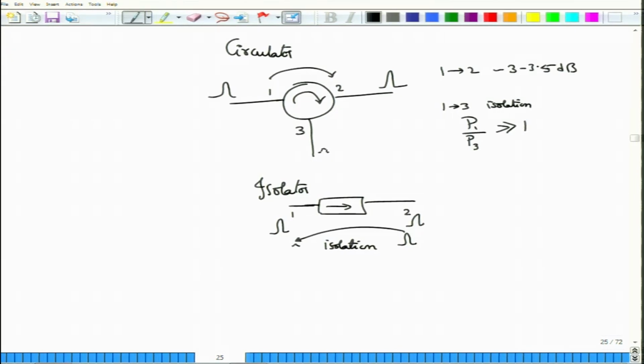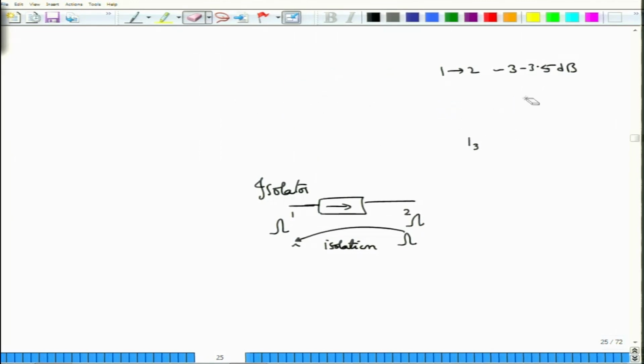There are different types of isolators. One is called a polarization dependent isolator, and it goes something like this. Let us assume that I have a polarizer kept here. A polarizer is an element which simply allows the transmission of light in only one polarization.